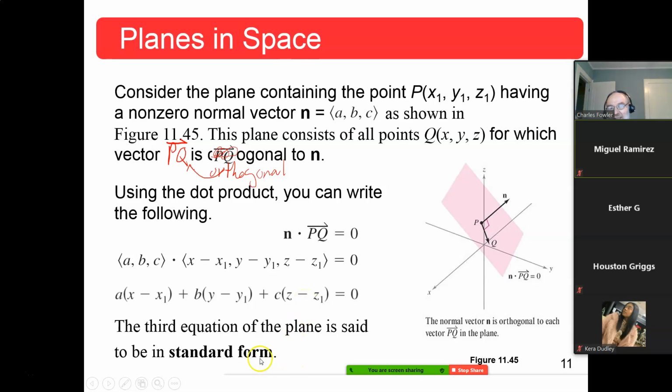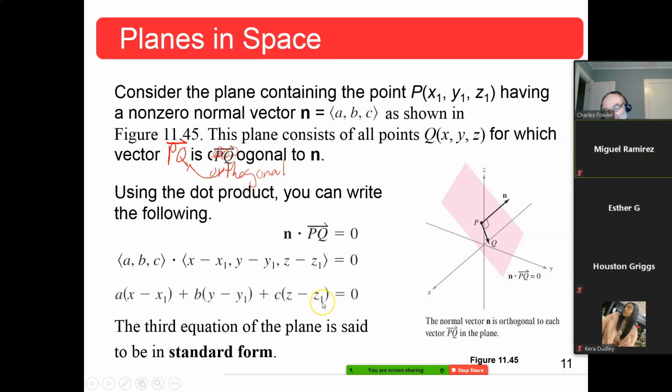That third equation, this thing right here, of that plane is said to be in standard form. Okay, now get it. It is an equation. There is an equal sign. Usually we have the equal 0 over here. It doesn't have to be. If you multiply A, which is a number, times the minus X1, that gives you a number. B times minus Y1, that would give you a number.